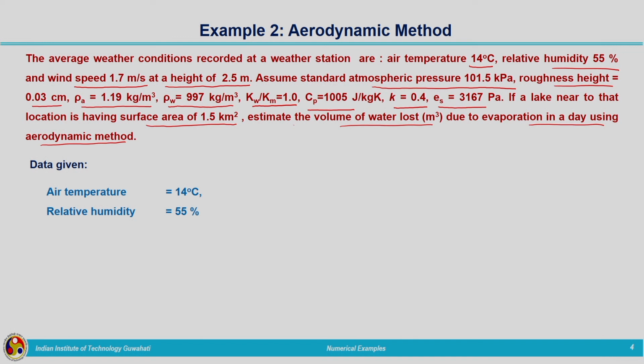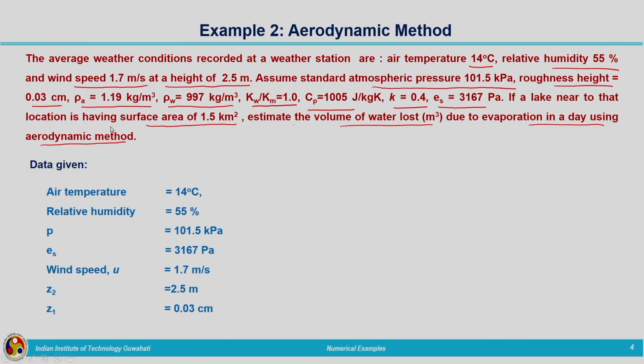Air temperature 14 degrees Celsius, relative humidity 55%, atmospheric pressure 101.5 kilopascal, ES, that is saturation vapor pressure 3167 Pascal, wind velocity u is equal to 1.7 meter per second, given at an elevation of 2.5 meters above the water surface.